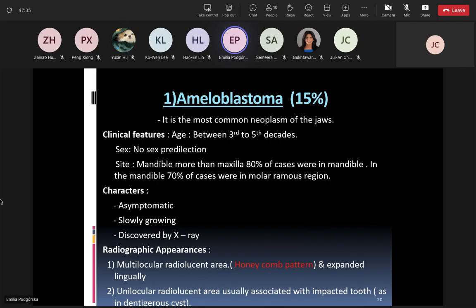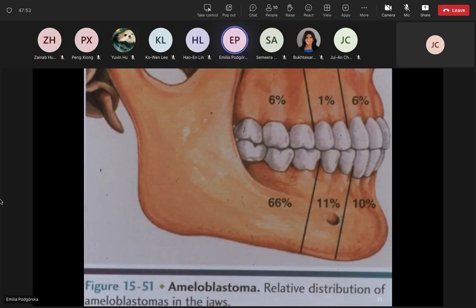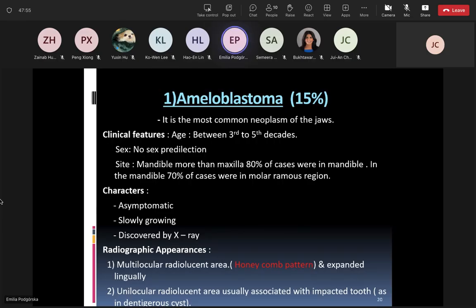Usually asymptomatic, slowly growing, and discovered by X-ray. Radiographic appearances: multilocular radiolucent area with honeycomb pattern, expanding lingually, or a unilocular radiolucent area usually associated with an impacted tooth.